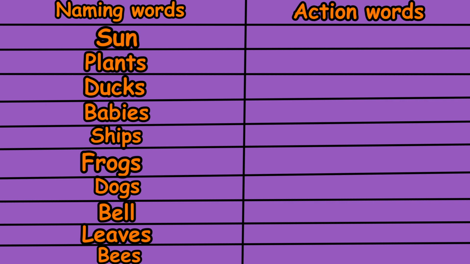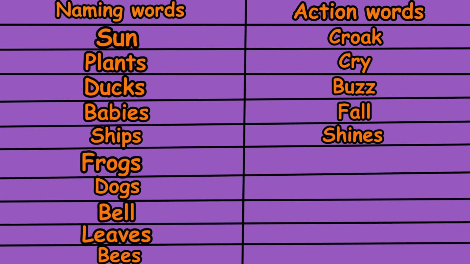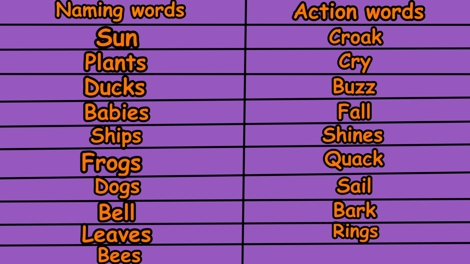On the action word side: croak, cry, buzz, fall, shines, quack, sail, bark, rings, grow.